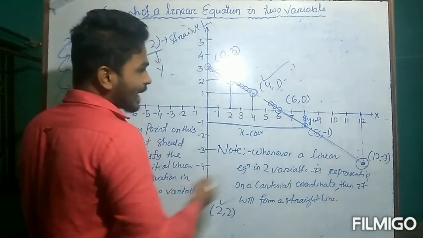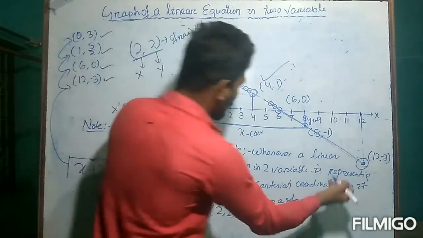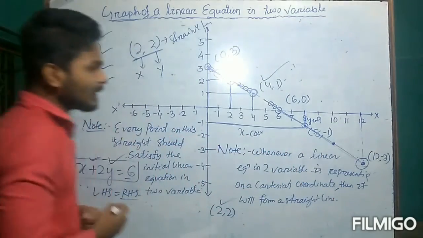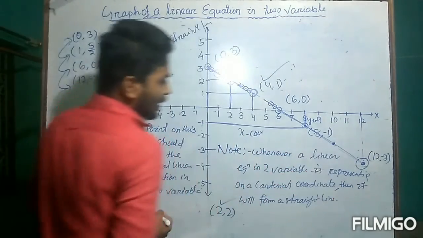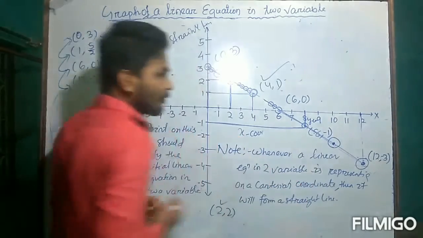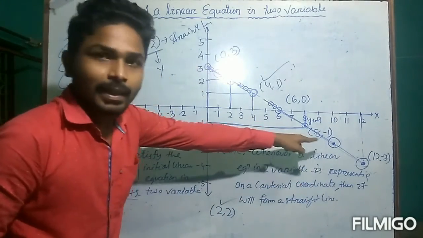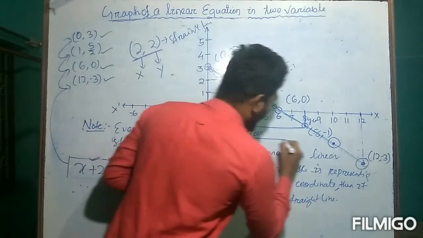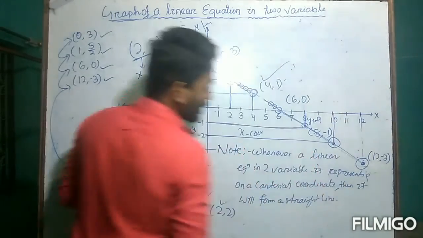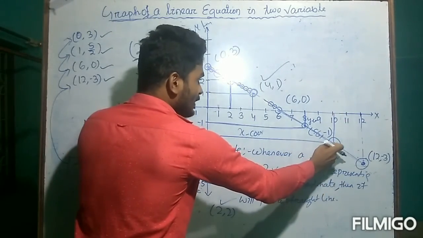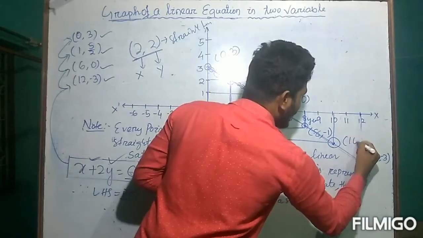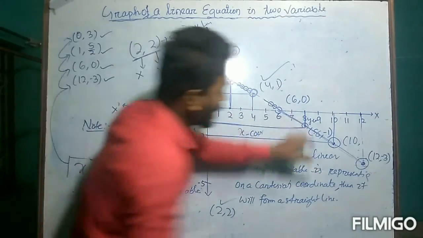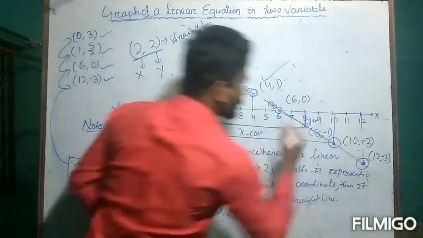Suppose someone tries to find a point. Suppose there is a point that lies here. Now you will verify whether this point satisfies this equation or not. Find its coordinate. This is its x coordinate, so x coordinate is 10, and this is the y coordinate. Y coordinate is -2.